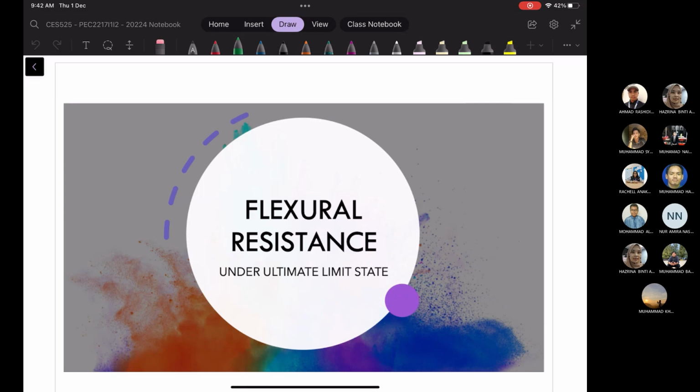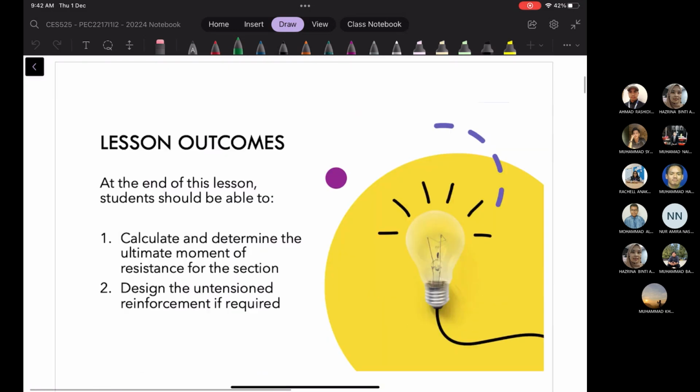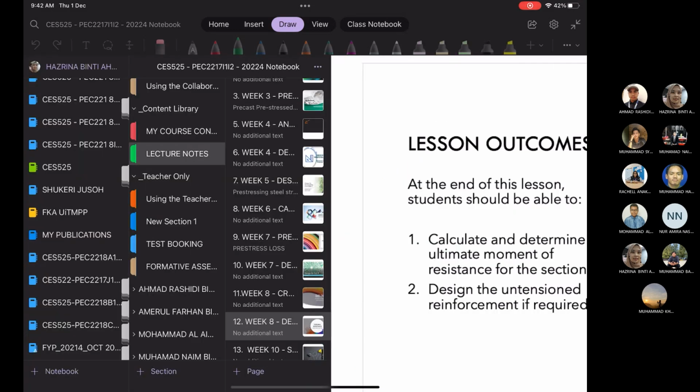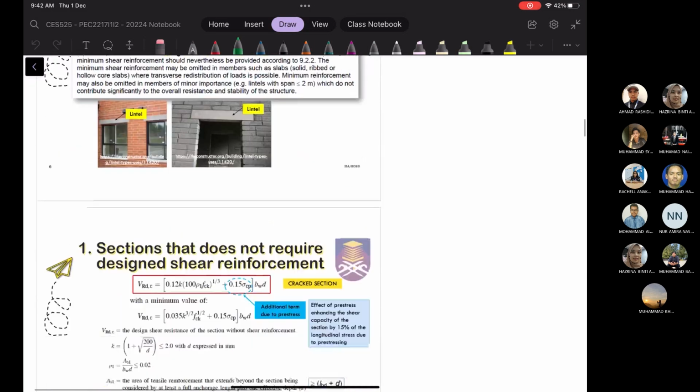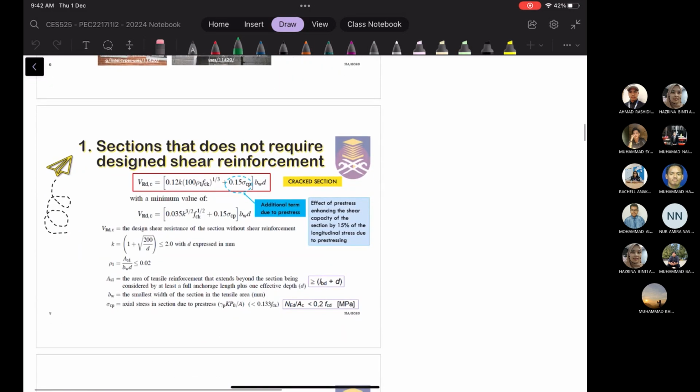We are no longer looking at serviceability, so we are going to move on to the ultimate limit state next week. That is flexural resistance. Then in another week we will look at shear resistance. These two fall under the ultimate limit state, right.